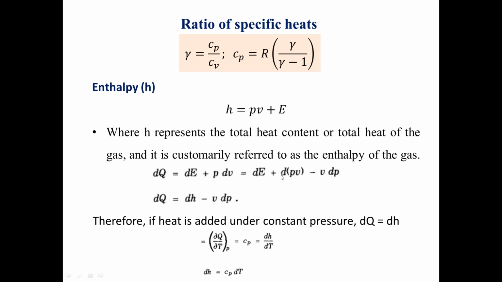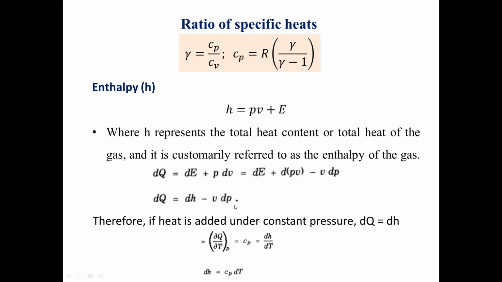dH means dE plus the derivative of pressure and specific volume. So that gives us dH. This is the formula for enthalpy. Therefore, if heat is added under constant pressure, dQ is equal to dH only, because dP is 0 for constant pressure.